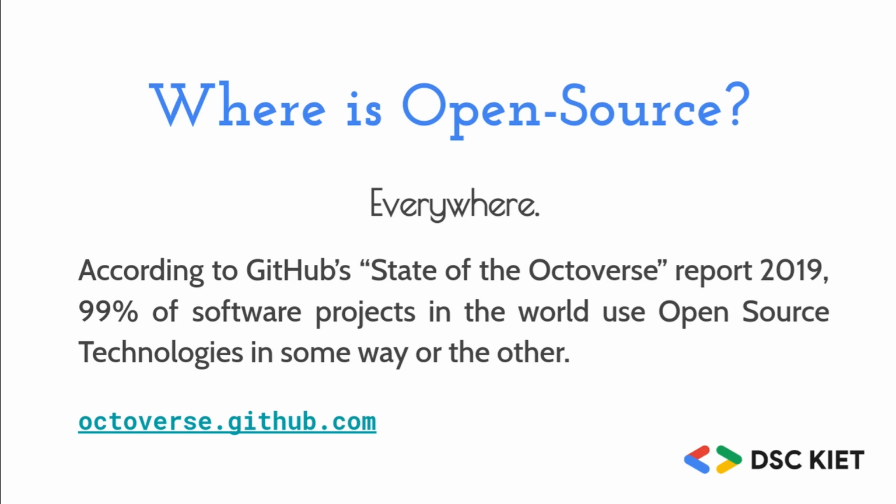Let me tell you one thing. If you are making even a hello world program in C, you are not the only developer who has worked to make that hello world possible for you. There are a minimum of 75 plus other developers who made that possible. Why? You must be using the GCC compiler, which is again open source software.